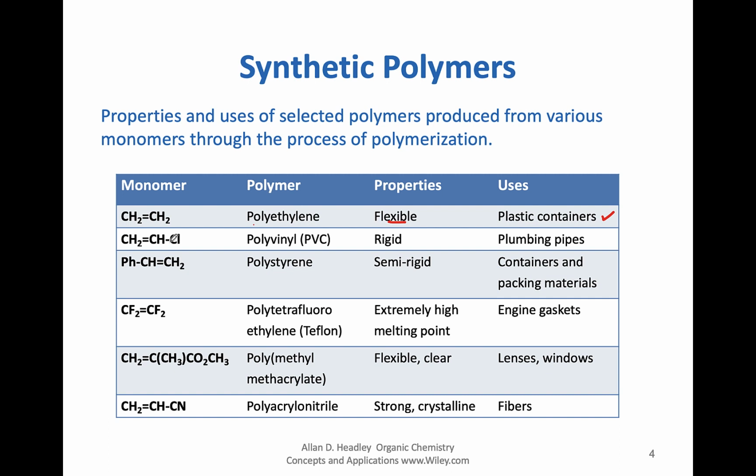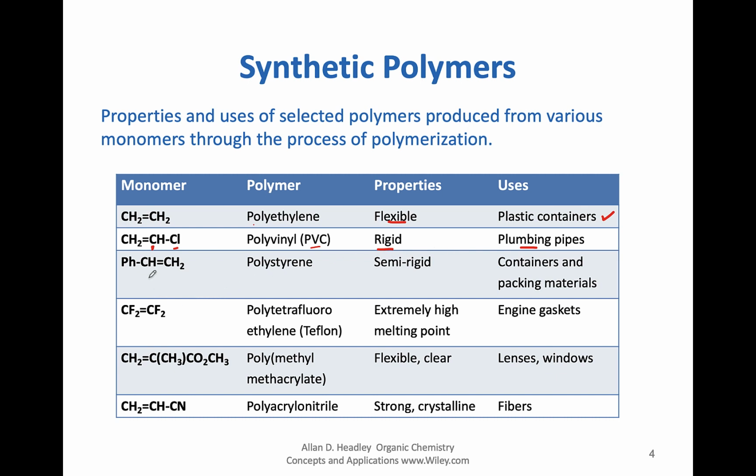Here's another one, and this is the vinyl chloride molecule, vinyl because this carbon here is the vinylic carbon, and of course we have a chlorine, so it's vinyl chloride, and the polymer is polyvinyl chloride, or PVC. So we are familiar with PVC piping. We know that's very rigid, and it's used in plumbing pipes and tubes.